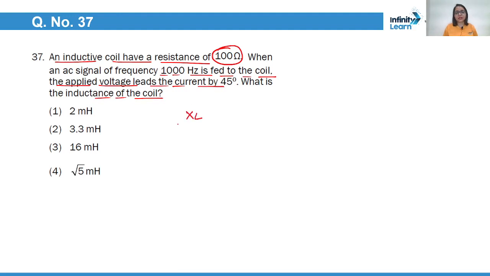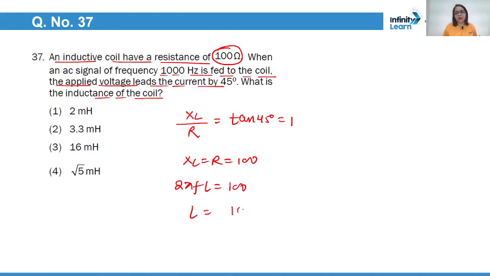So XL divided by R should be tan 45, which is equal to 1. So XL should be R, which is 100. But XL is 2 pi f L, which is 100. So L will be 100 divided by 2 pi into f, which is 1 upon 20 pi, and it should be 16 millihenry.